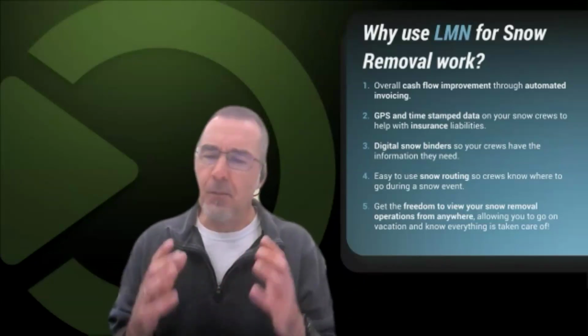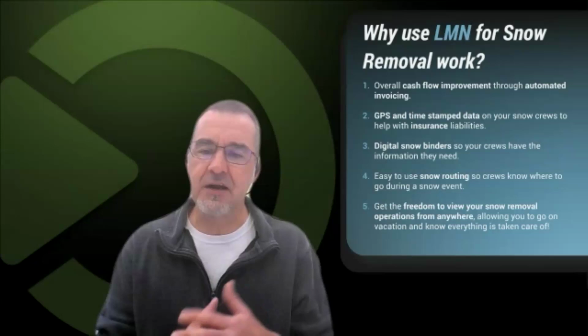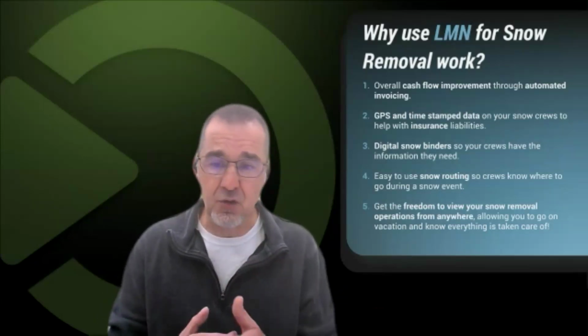But more importantly, you also want to set up a routed job group for the different routes that your crews are going to be tackling in the course of an actual snow event. Now, that routed job group is going to do 2 things.